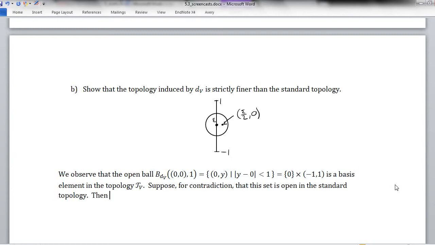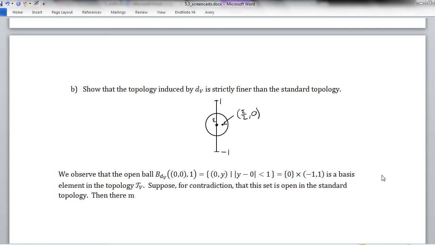All right, well, then if it's open, then by the local criterion, we must be able to find some open ball in the standard topology about the origin, which is contained in this vertical interval, which sounds ridiculous, but let's see why.